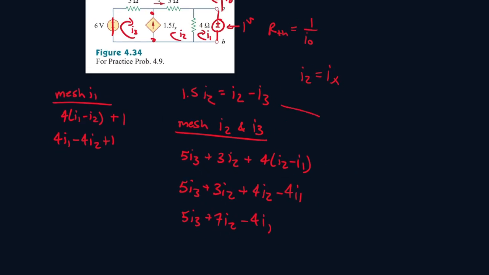Then let's work with this one. Let's bring this one to the other side, so it'll be 0.5 I2 equals minus I3.